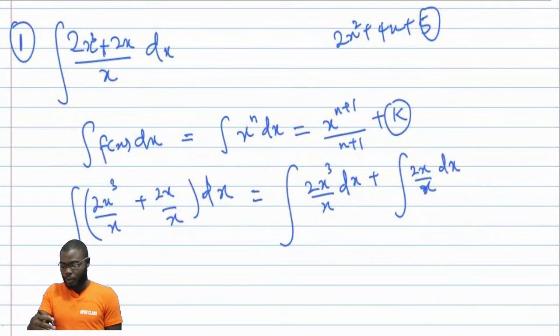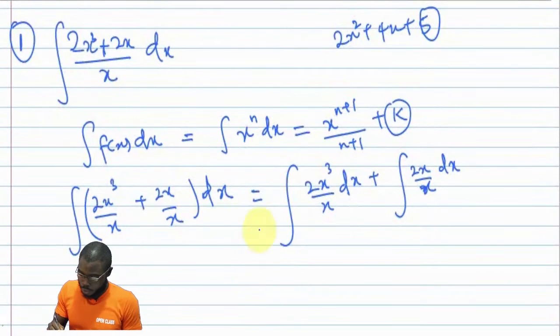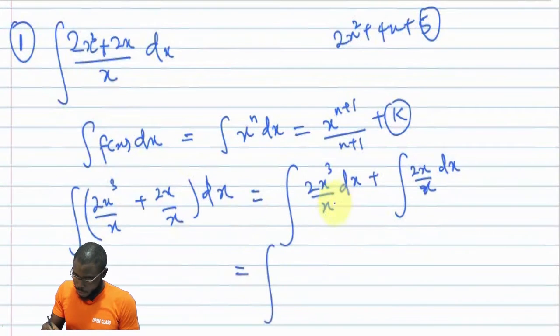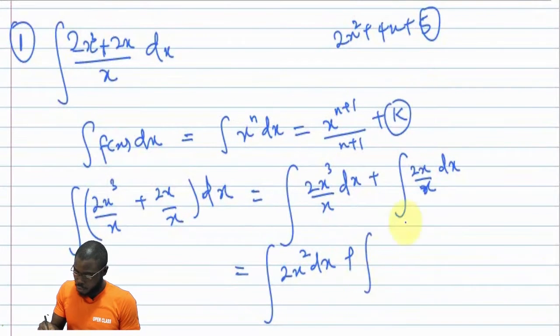So you are having them individually. This can also be written thus as, if you cancel, this cancels one x out of this, so you have 2x squared dx plus, this cancels this, then 2 dx.